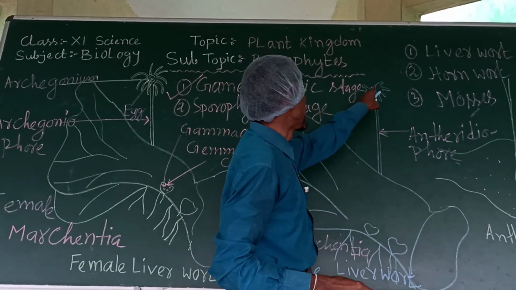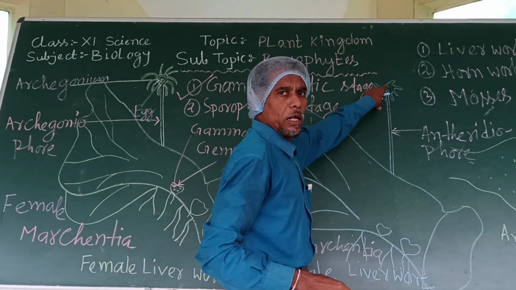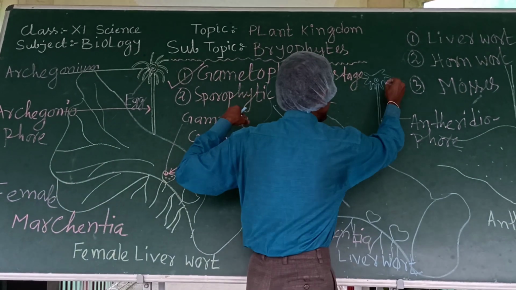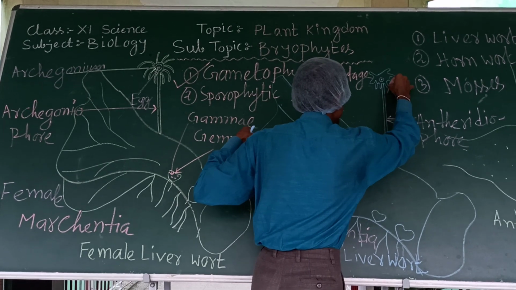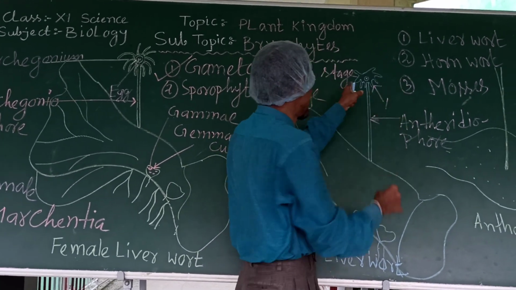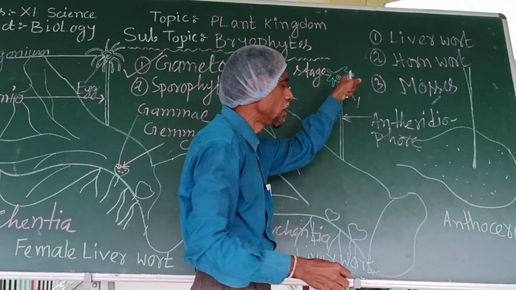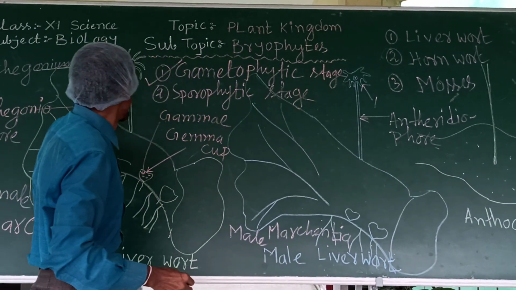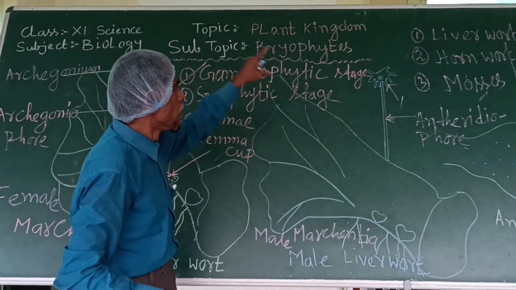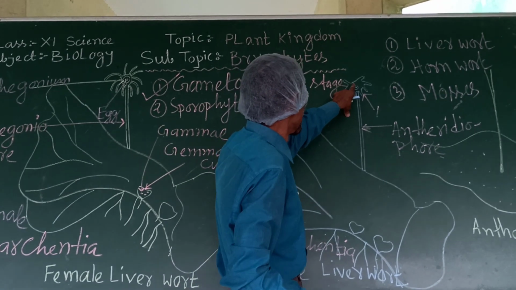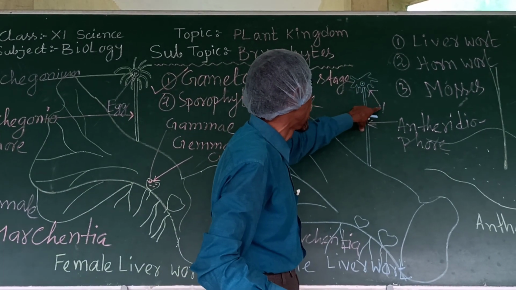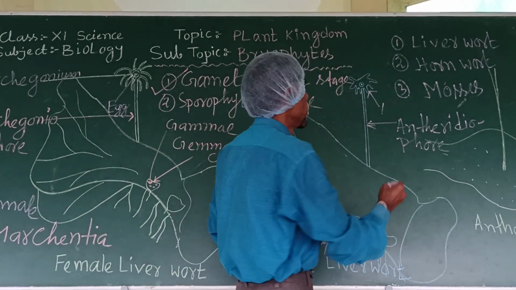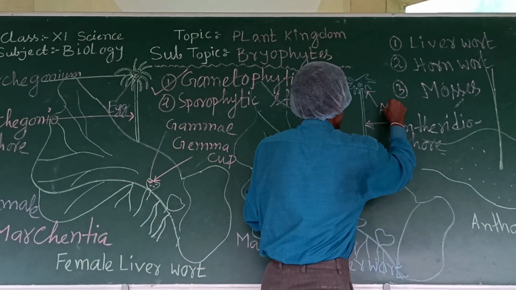Over the antheridiophore is the male reproductive structure called the antheridium, which is a disc-shaped structure, whereas the female is a flask-shaped structure.